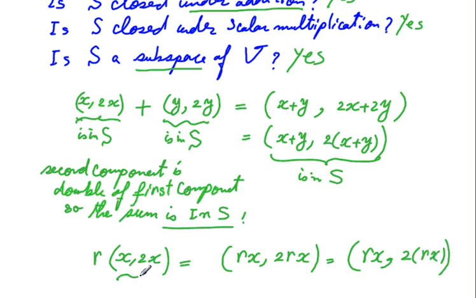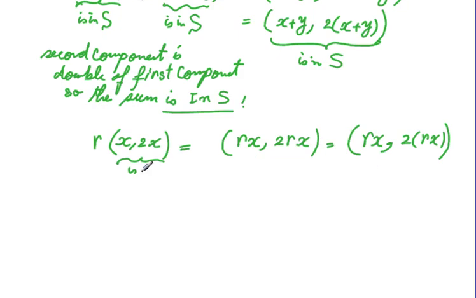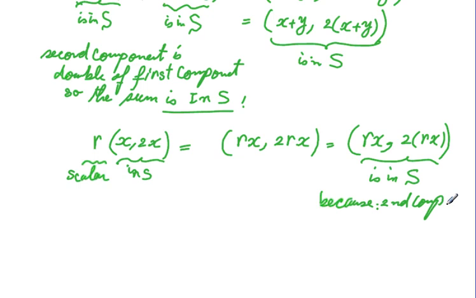We started with something that was in S, and this is a scalar, and the result is in S, for the same reason: the second component is double the first component.